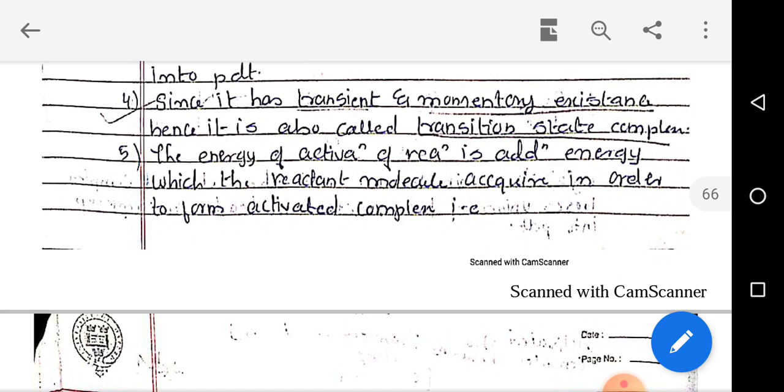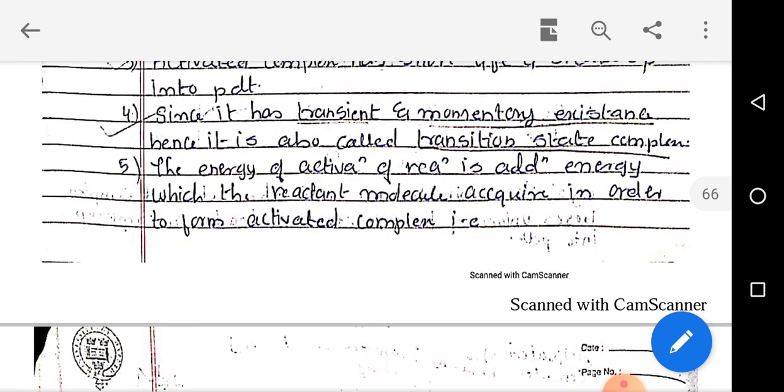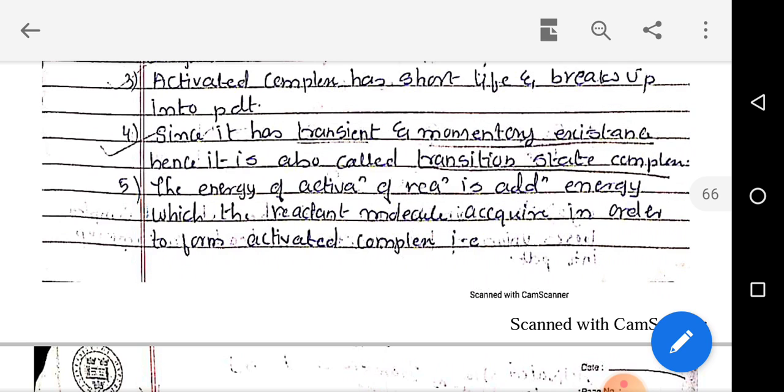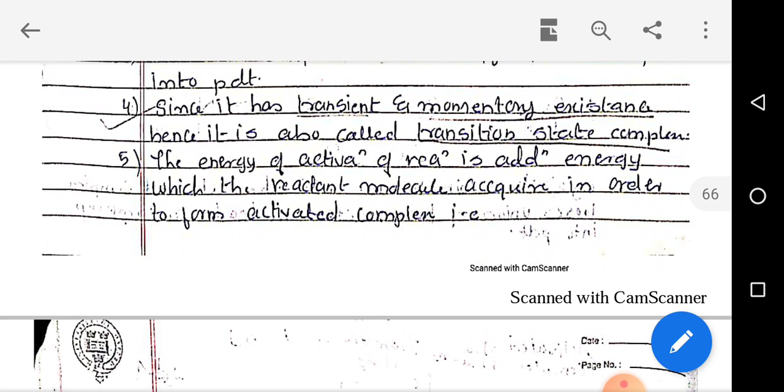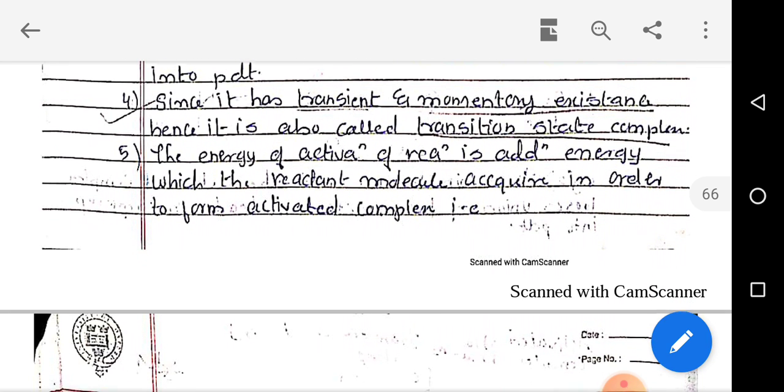We studied the energy profile diagram for SN2 also, and I think in FY BSc I taught you the energy profile diagram for the E1cB reaction, or for the E1 and E2 reactions. At that time we drew on the graph the transition state points. So these are the transition state points, with transient and very short existence. Hence we name it a transition state complex.